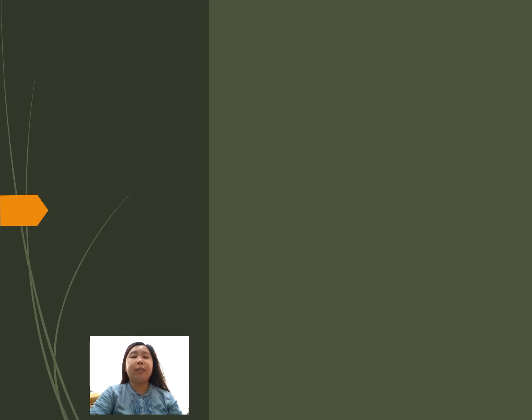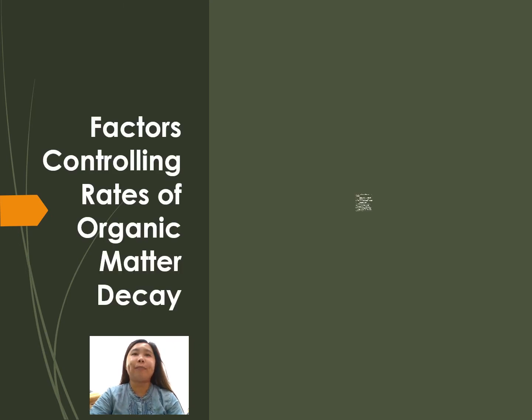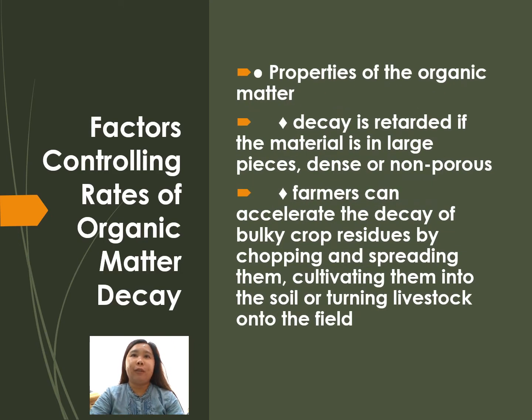Now, let's discuss the factors affecting the decay or decomposition of organic matter. Decay is retarded if the material is in large pieces, meaning it is dense or non-porous.